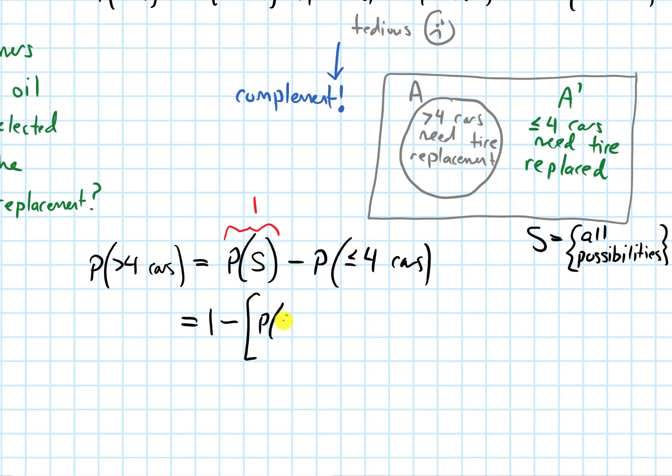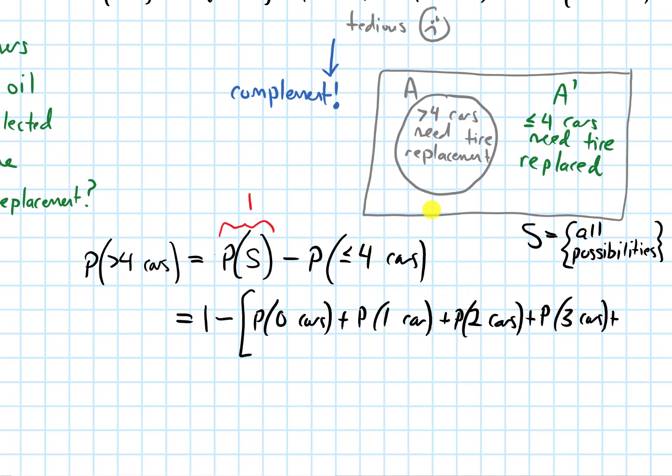This would be the probability of 0 cars plus the probability of 1 car needing a replacement plus the probability of 2 cars needing a tire replacement plus the probability of 3 cars plus the probability of 4 cars.